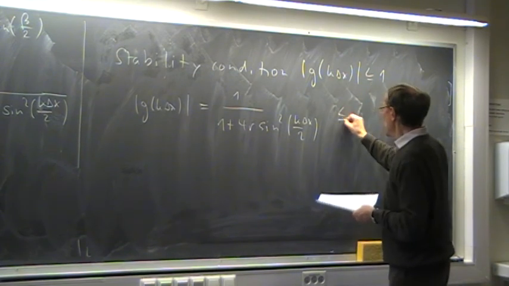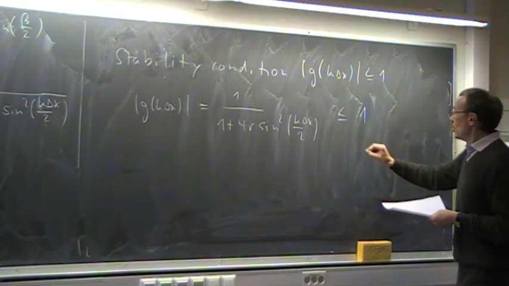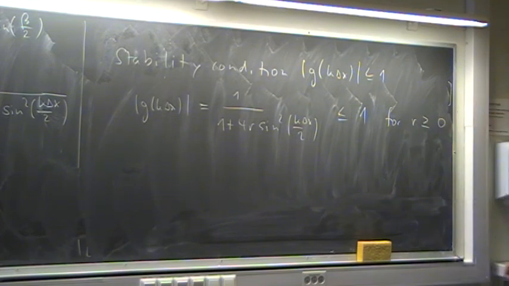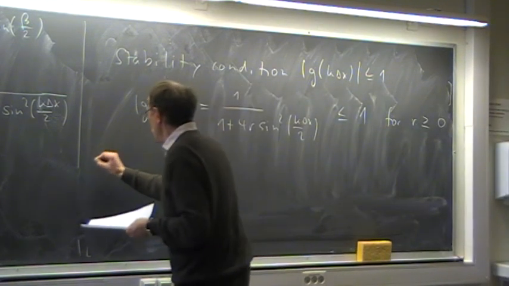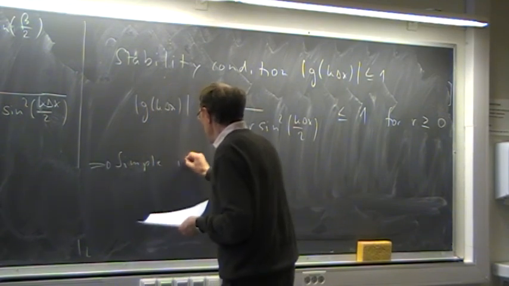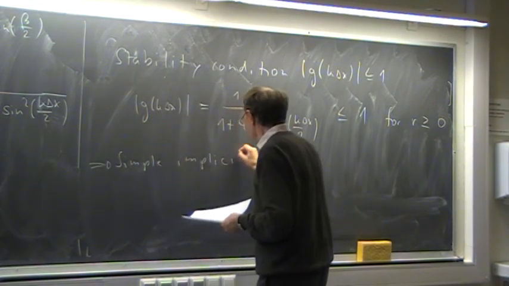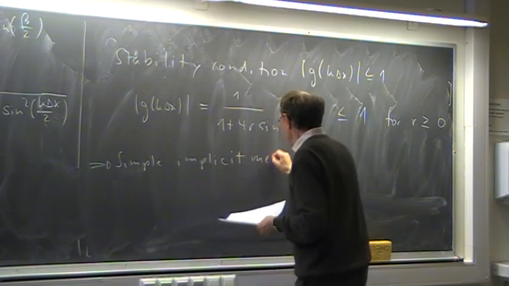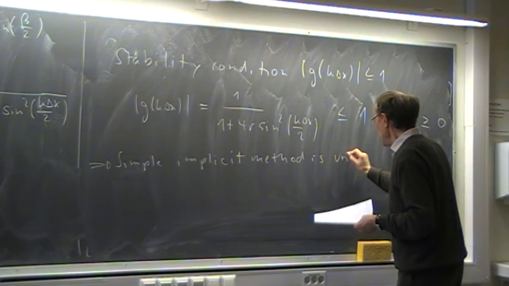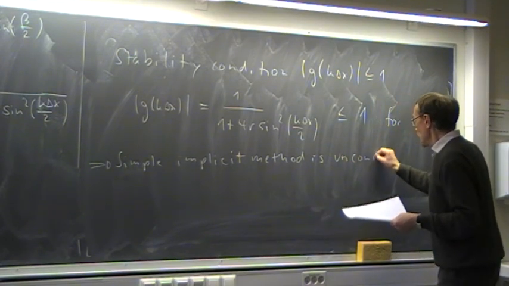And that is clearly smaller or equal than 1 for r greater or equal than 0. And that means that the method is unconditionally stable. So from that we see that the simple implicit method is unconditionally stable. That means we can choose any time step regarding stability.